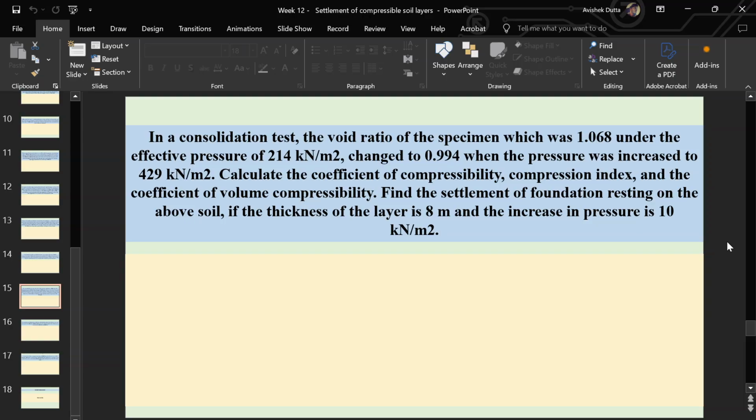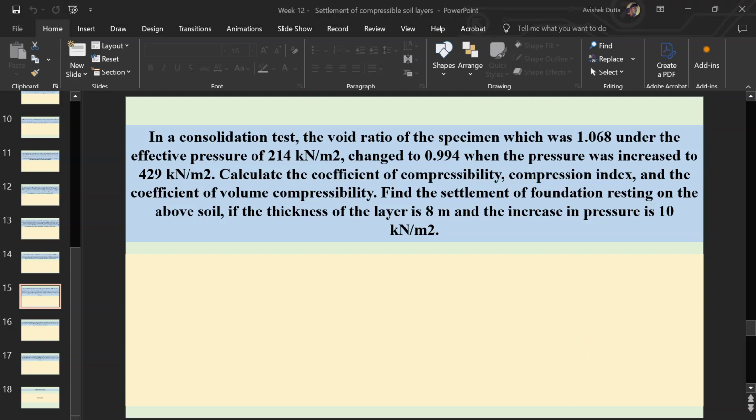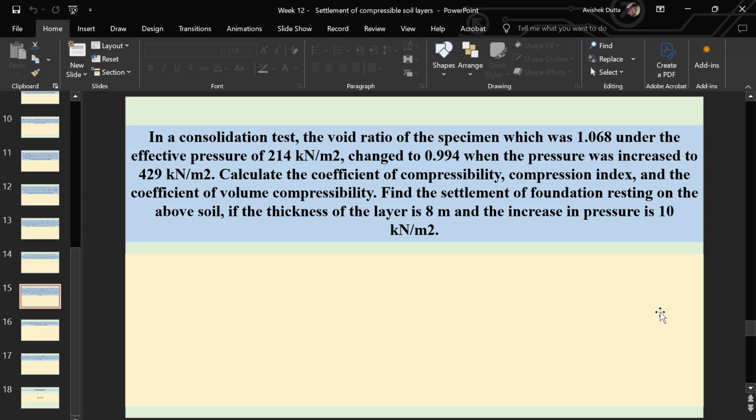Sir, if the increase in the pressure is almost 10, like a zero, then in that case settlements will be zero. Why is 10 like 0? Normally the building loads will be more. I have told you that it is 10 increase from 214, which is the initial. So it has some percentage. In the numerical, this one is third last.